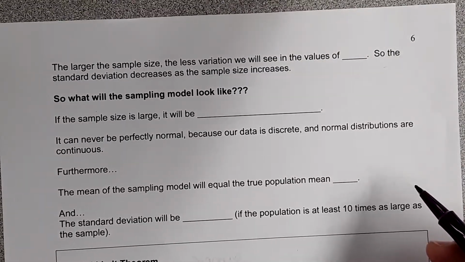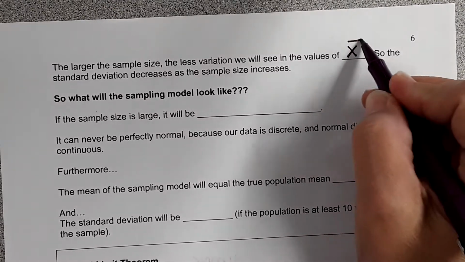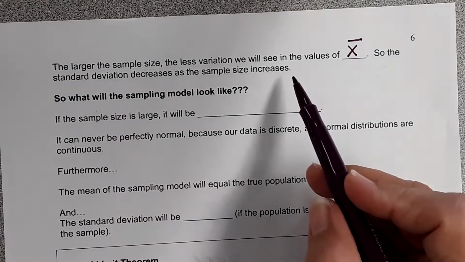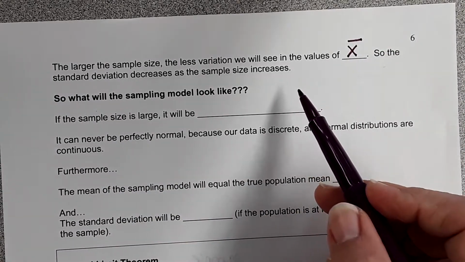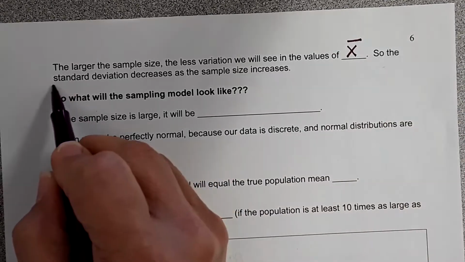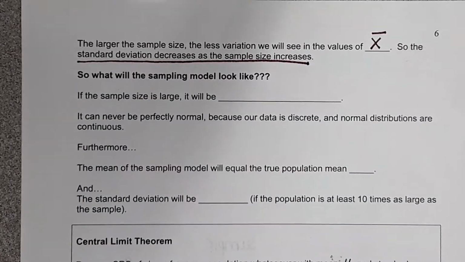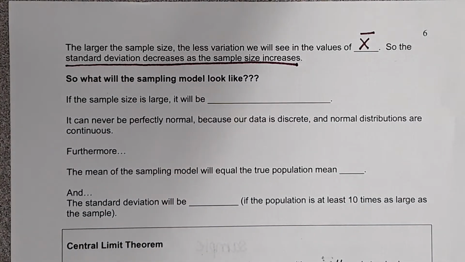The larger the sample size, the less variation we will see in the values of X bar. So the standard deviation decreases as the sample size increases. From here on out, we will always take our standard deviation and divide it by the square root of our sample size.